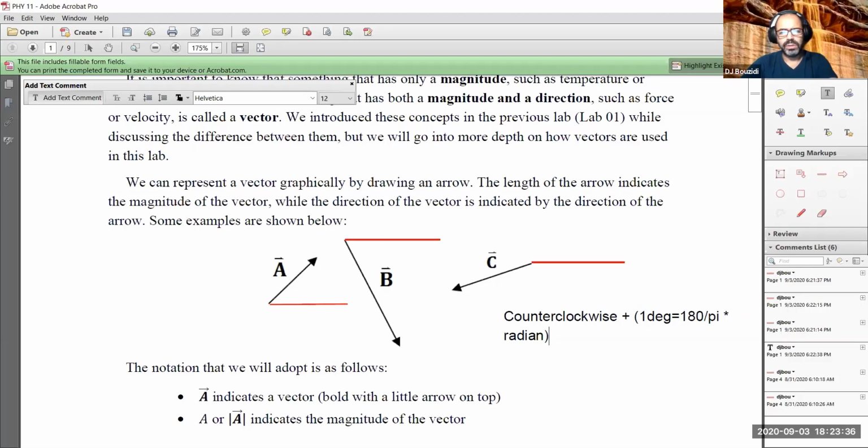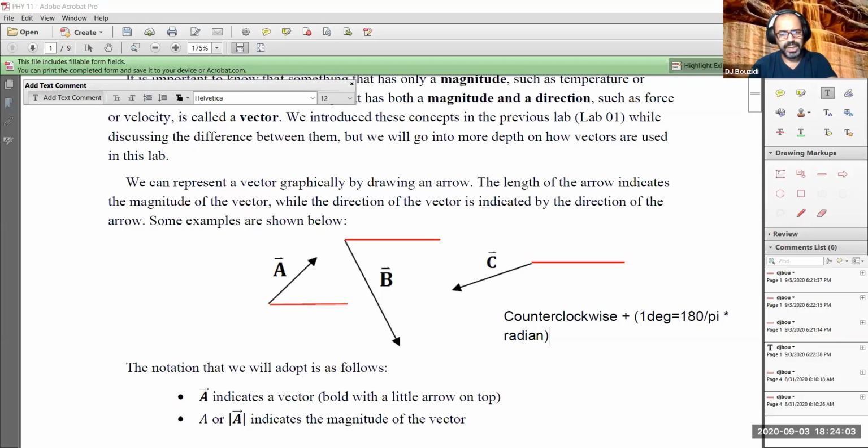Not the vectors, the angles are measured counterclockwise. The direction of the vector. So the correct answer is the direction of the vector is positive when counterclockwise.